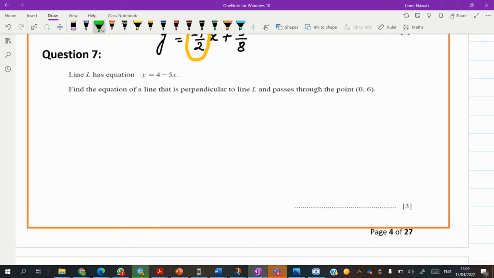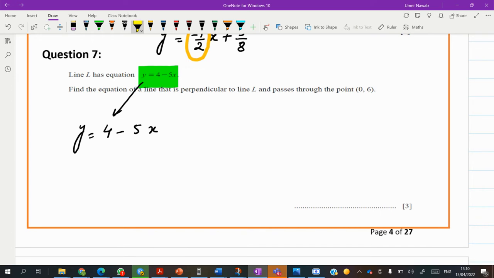And then in question number 7, he gave you the equation of a line L. We need to write the equation of a line which is perpendicular to L. First, I need to figure out the gradient of this line. So y equals 4 minus 5x.